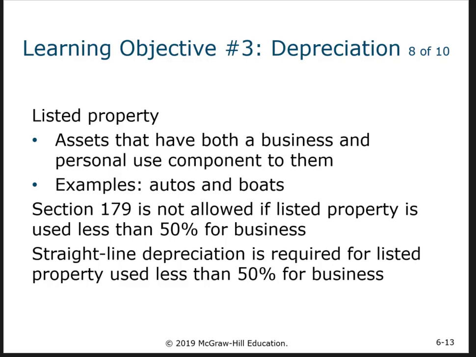Okay? So then there are some limitations on this listed property. You can't use Section 179 if you use this asset for less than 50% business. And you have to use straight line depreciation if it's a listed property and used less than 50% for business. So, of course, your goal is to be over 50% usage on that listed asset.